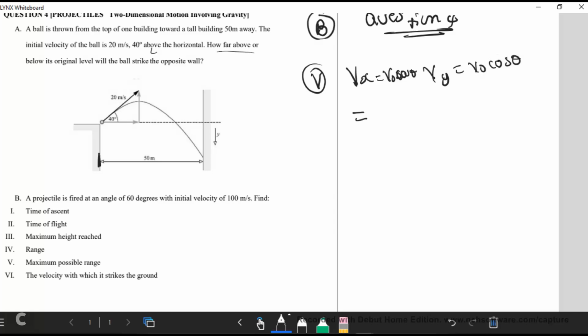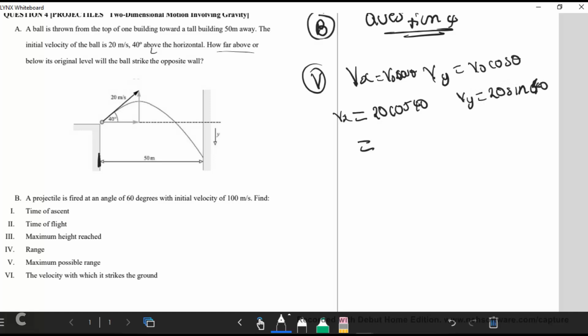So here it will be 20 cos 40, that is in the x. Again in the y, it will be 20 sine 40.